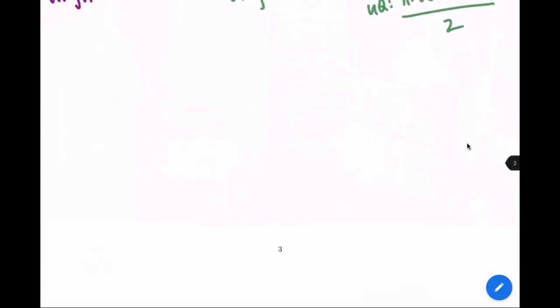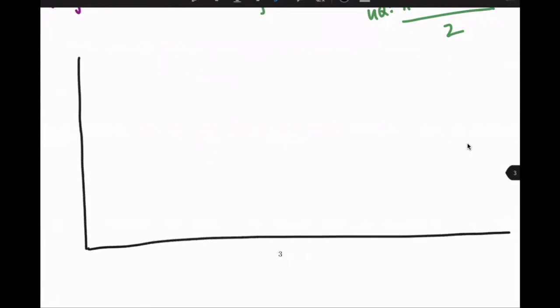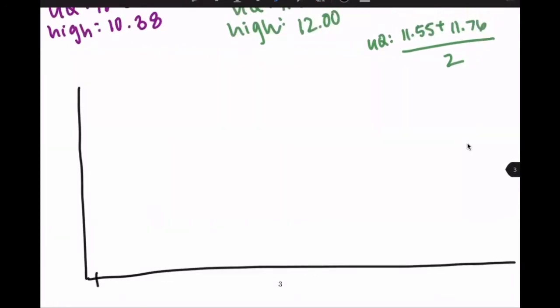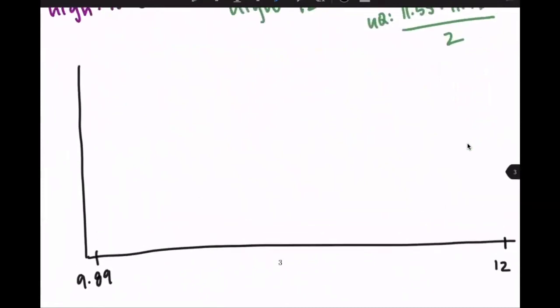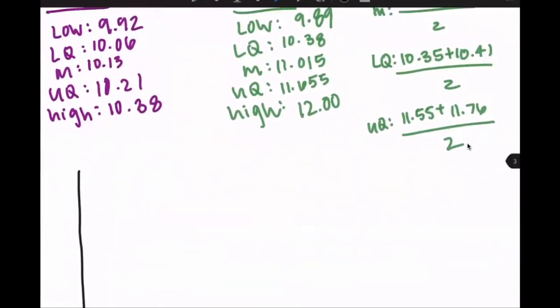So let me draw here. Okay, what we're going to do first in drawing the box plot is draw a big L. And then you label all of the most important numbers. I usually like to start at the smallest number, which is 9.89, and then our highest number is 12. Then you label all the numbers in between in order.